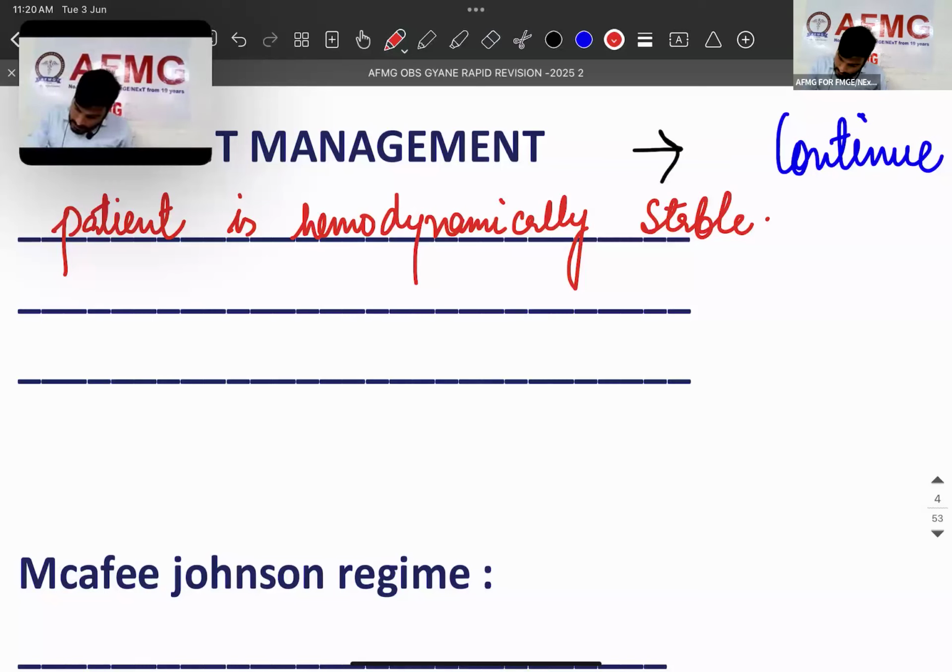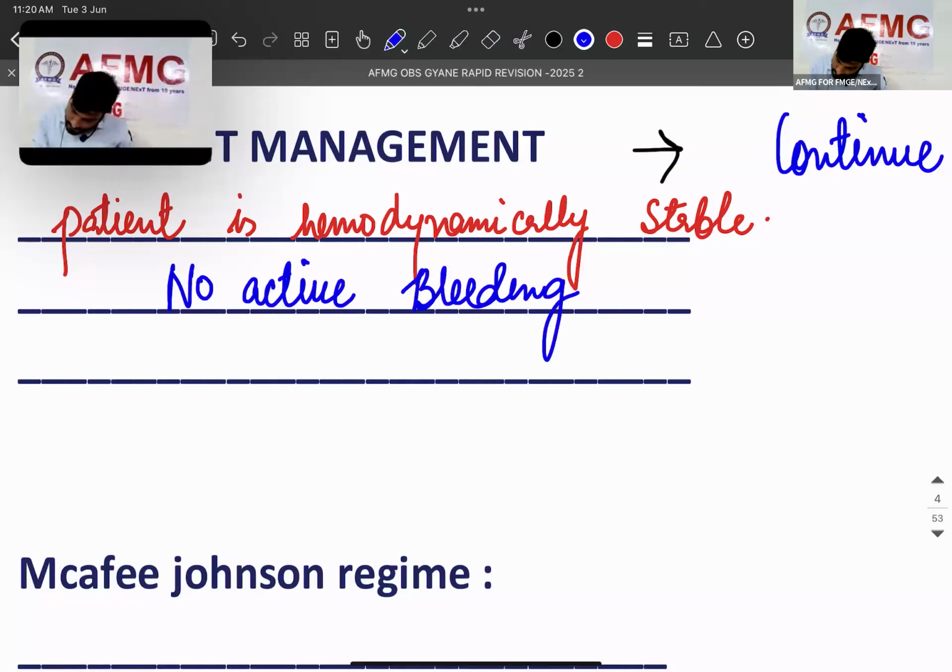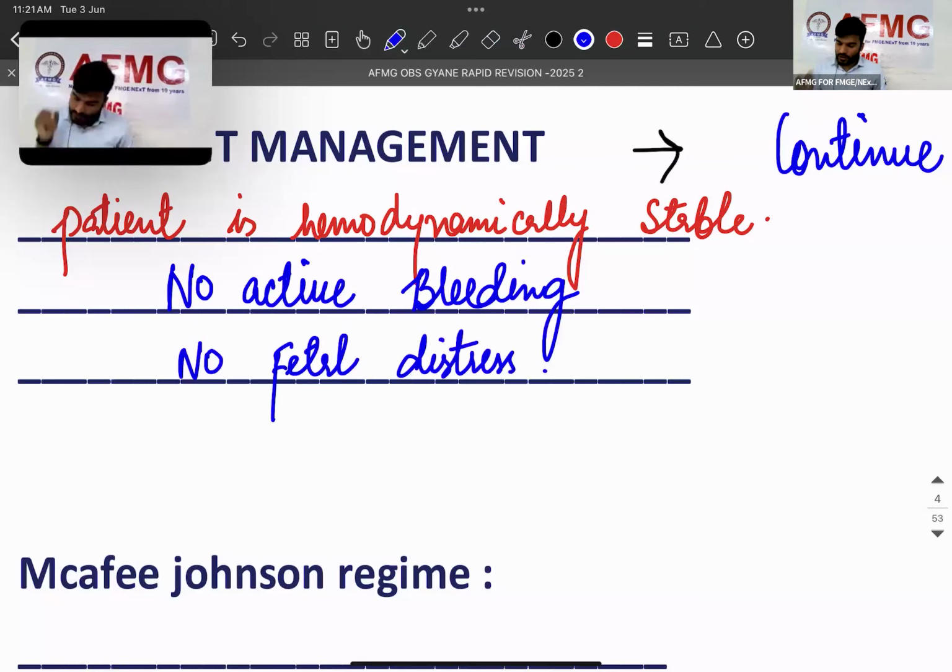Next, there should be no active bleeding. Third, there should be no fetal distress. Clear? Yes? There should be no fetal distress.